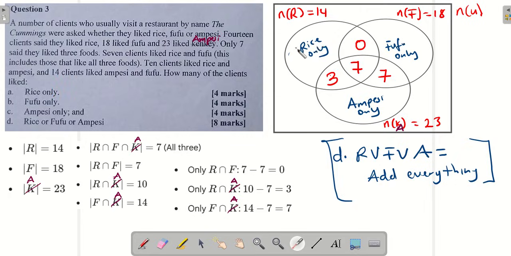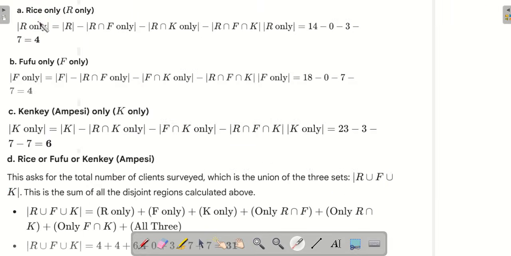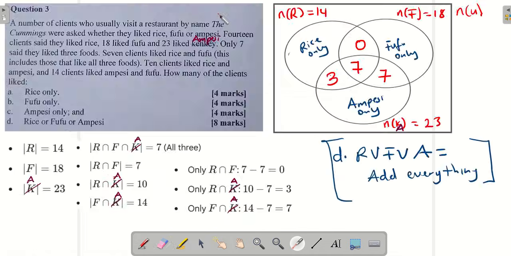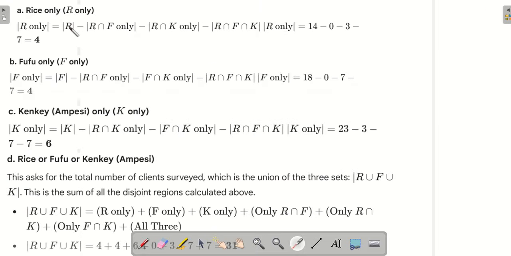The rice only is what we call R only is going to be R, the total R minus R intersection F only minus R intersection K only minus the 3 intersections. So you see that if you are finding rice only, you subtract this, this, and this from this. And that is what we have done. So from the total, you subtract this, you subtract this, you subtract this, and you get this.